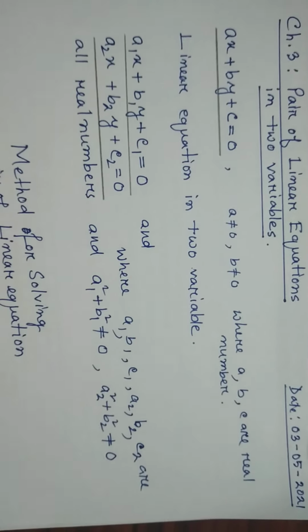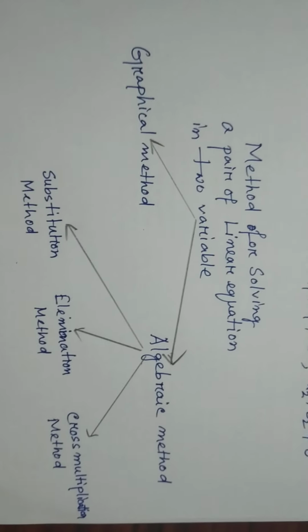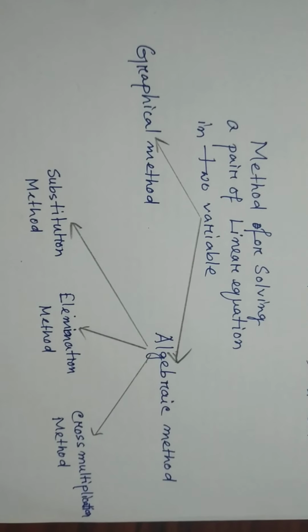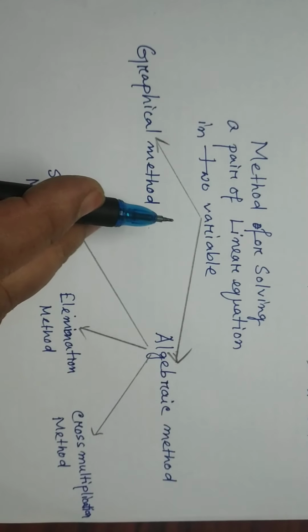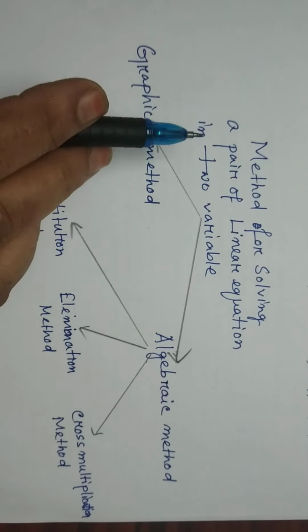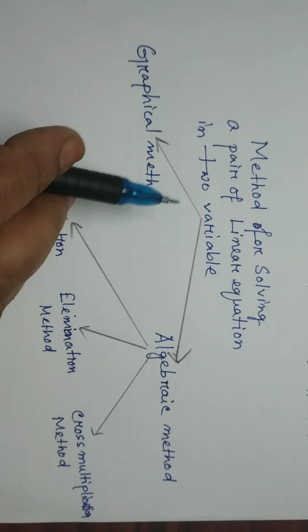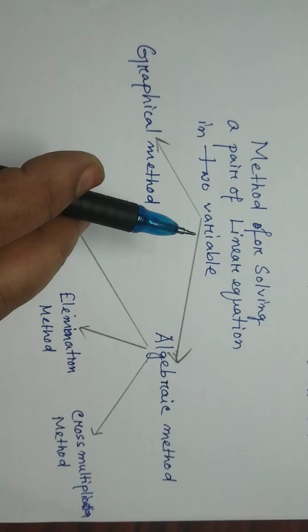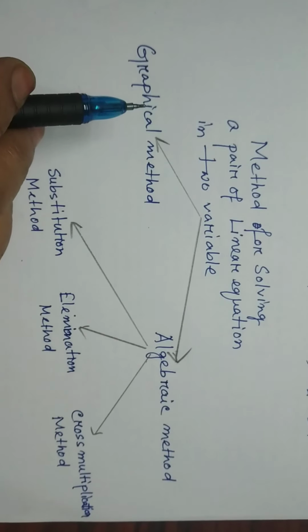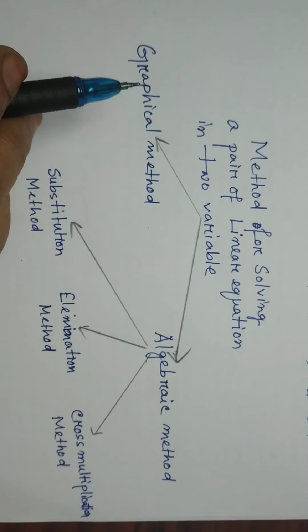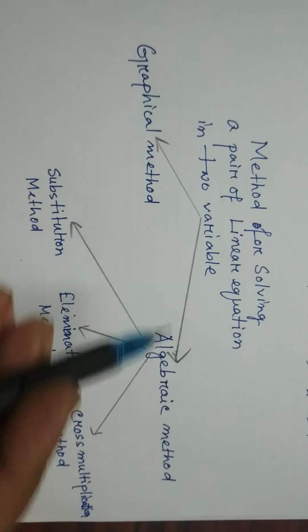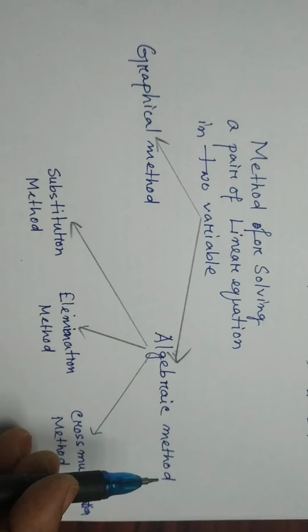Now in this lesson we have to discuss methods for solving a pair of linear equations in two variables. Here in this chapter we have to discuss two methods. One is the graphical method, another is the algebraic method.